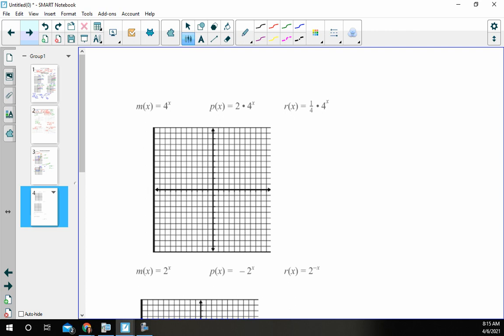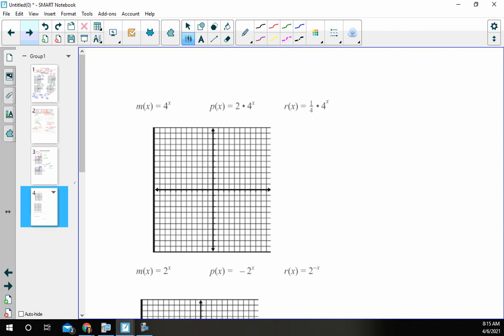We're going to see what happens when I shove an a value in the front. So notice, now I actually have numbers that are in front: 2 times this, 1/4 times this. That is what a stretch and compress looks like for exponentials. Normally you guys see the 4 and you take stretch 4, but 4 is the base number.